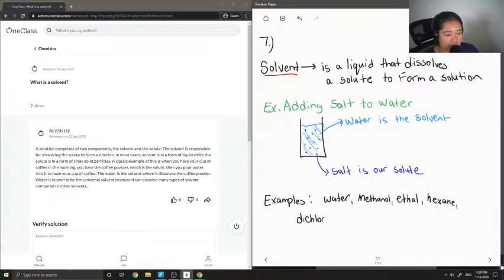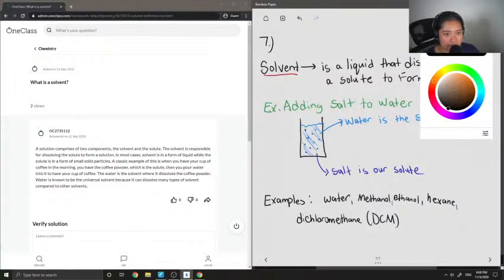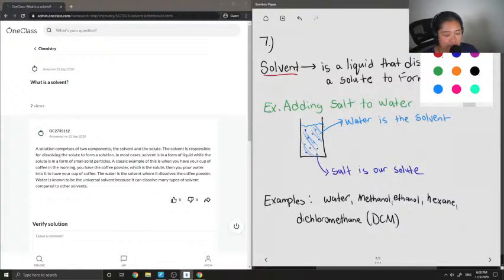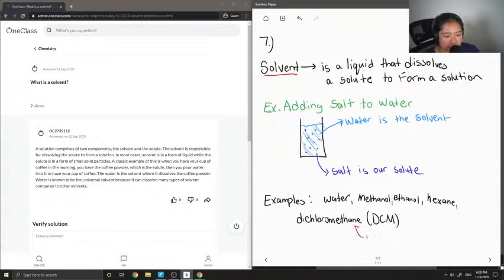Something called dichloromethane is another interesting solvent as well, also known as DCM. Ethanol. Yeah, so it all depends on what reaction you're working with. And you also have to be careful because some of these solvents can be toxic to your skin. Like DCM, you need to wear gloves.